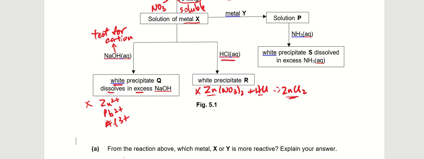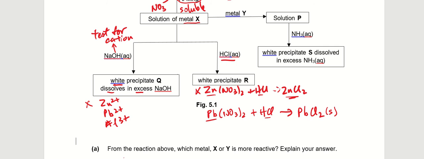Let's see if it was lead 2 nitrate, that is, if Pb2 plus was present in the solution of metal X. We have lead 2 nitrate and we add hydrochloric acid. What happens when we switch the ions? We get lead chloride, and we know lead chloride is an insoluble salt, because all chlorides are soluble except lead and silver chloride.